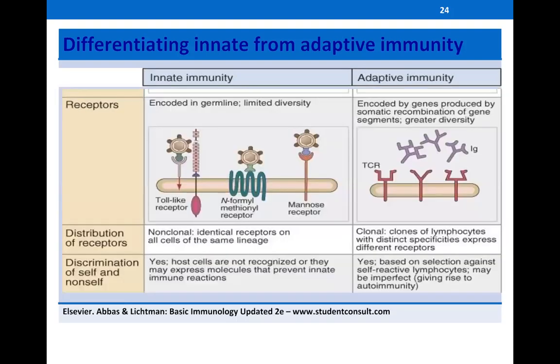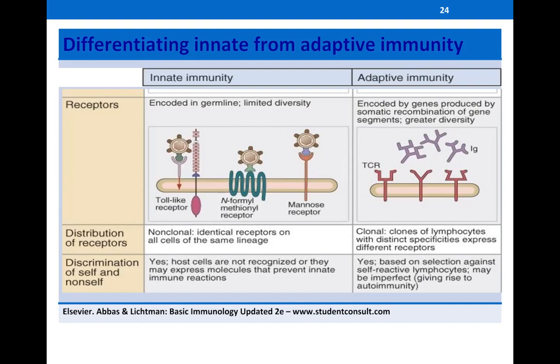Okay, what else? When it comes to your receptors, innate immunity receptors are encoded in germline, or they have limited diversity, as opposed to your adaptive immunity, which are encoded by genes that are produced by recombination of gene segments, and thus they provide us a greater diversity. Now, as opposed to innate immunity, which has limited diversity.